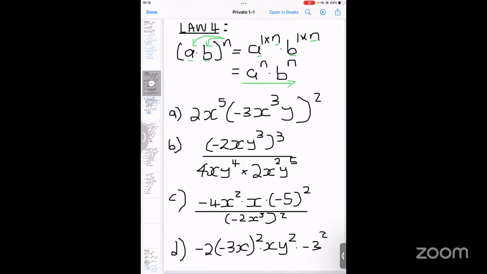So before you can do the exercises that I'm going to give you, the best thing to do is to redo what we have already done. Check if you can do it correctly. And then every time before you work out a problem, ask yourself, which law am I applying?